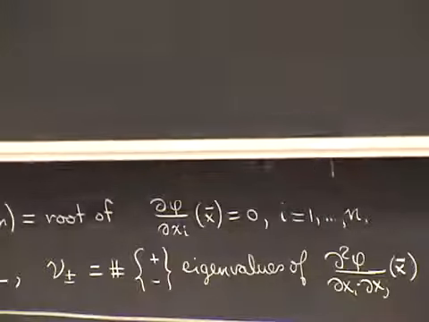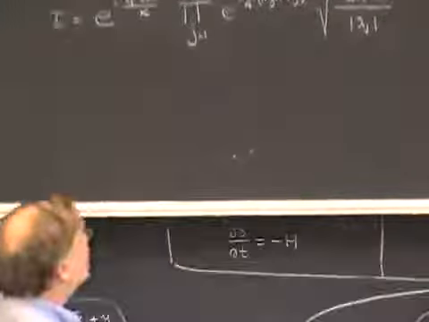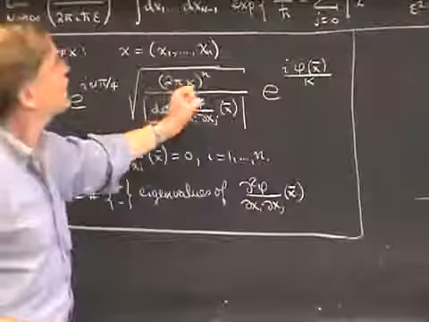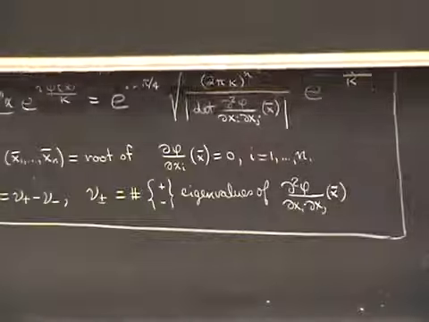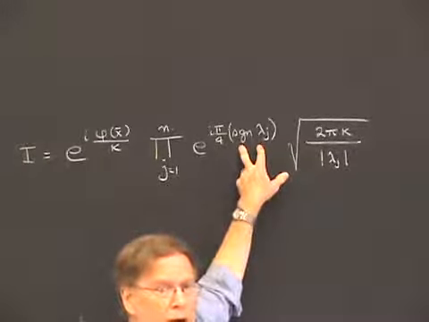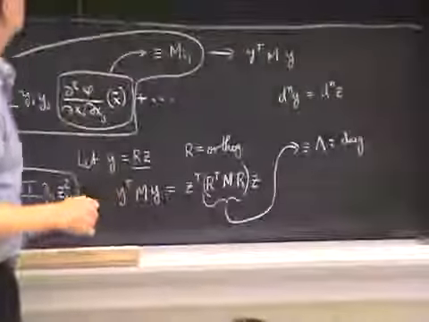As far as the product of the 2 pi kappa, since there are n of these, j goes from 1 up to n, this is going to give you (2 pi kappa) to the n. And that explains this factor here under the square root, right there. And as far as the product of the signs, the eigenvalues are either positive or negative. We will assume this matrix is non-singular.